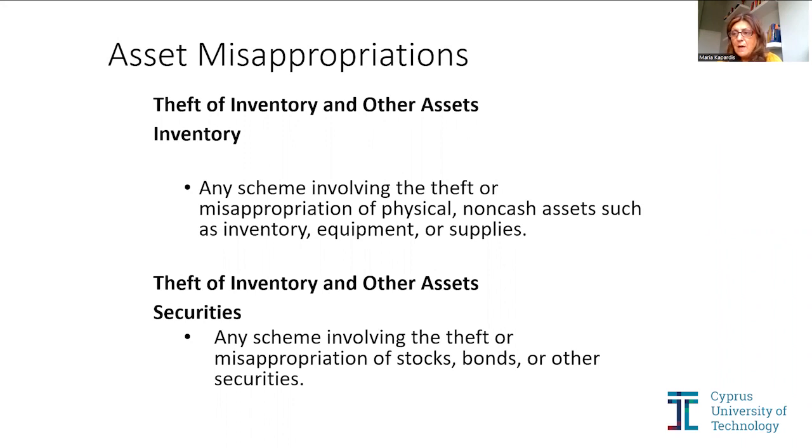In another business, the CEO was having his house renovated at the expense of the company, and he was billing the company as if renovations were taking place at the various branches and offices and shops kept by that particular company. Theft of inventory and other assets or securities may also be the case. Any scheme involving the theft or misappropriation of stocks, bonds, or other securities.